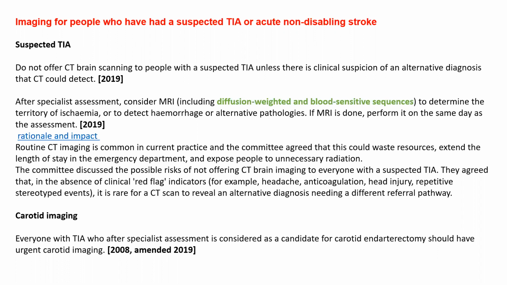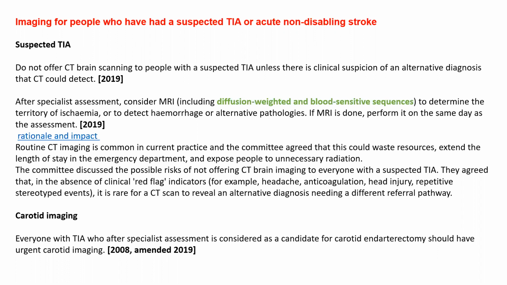What should I do? I should refer the patient to be seen by a neurologist or stroke specialist, and this should be within 24 hours. As you remember, before we were using the ABCD2 score to evaluate whether the patient should be seen immediately or could be referred to an outpatient clinic within 2 weeks.